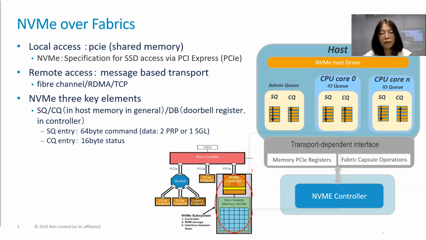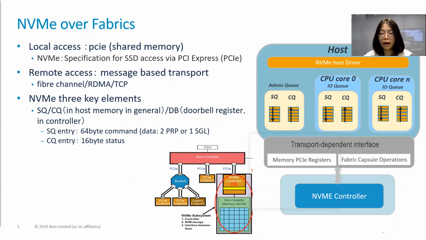Each entry in the submission queue is a 64-byte command, and physical locations in memory to use for data transfers are specified using PRP, physical region page entries, or SGL, the scatter gather list.